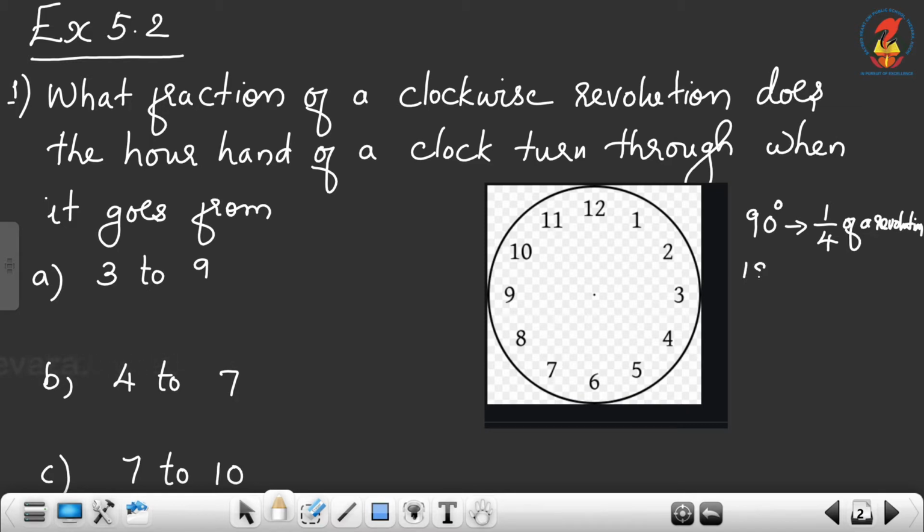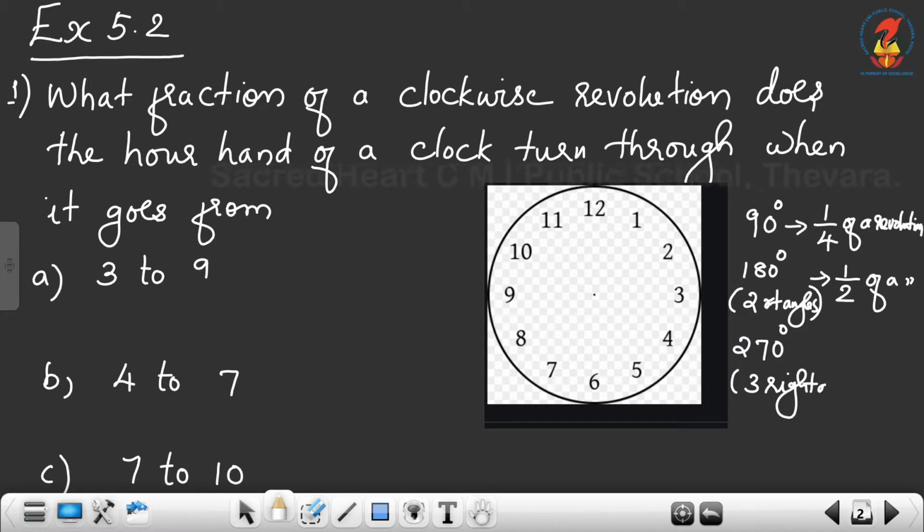And if the angle turned is 180 degree, that means two right angles, it will be half of a revolution. And similarly, if the angle turned is 270 degree, that means three right angles, it will be 3/4 of a revolution.